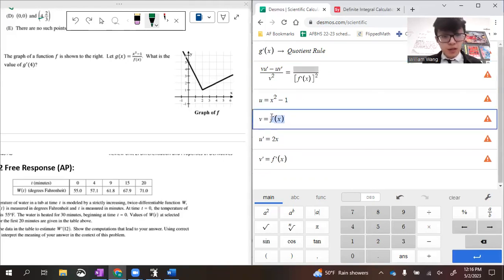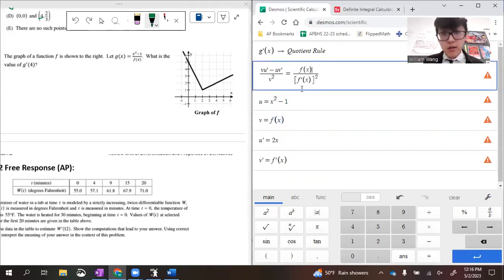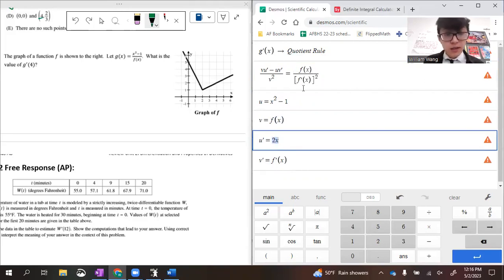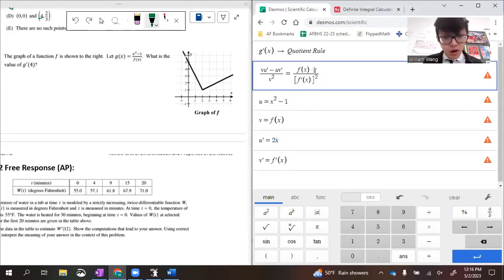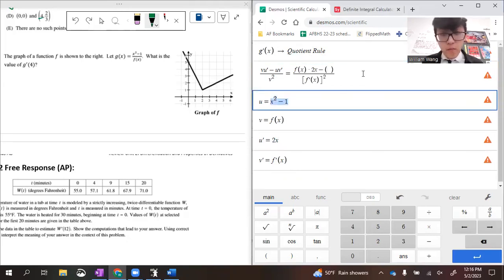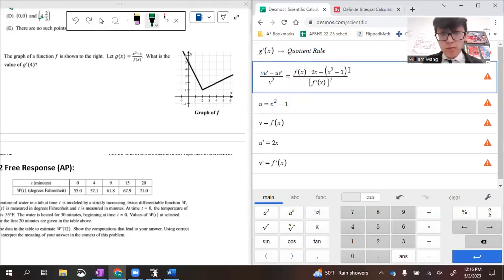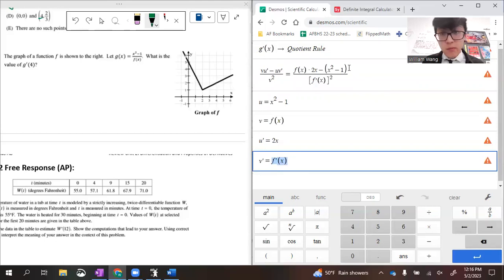Well, my V is f of x, U prime is 2x, minus U, which is x squared minus 1, times V prime, which is f prime of x.